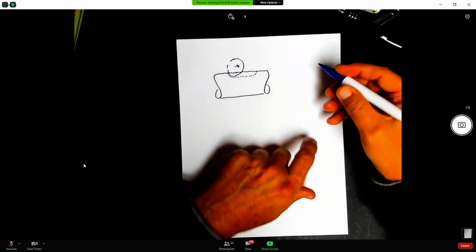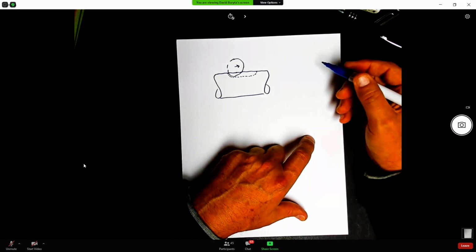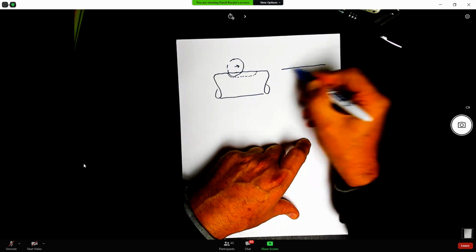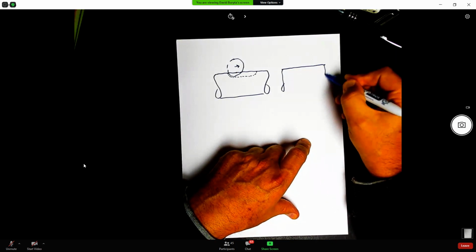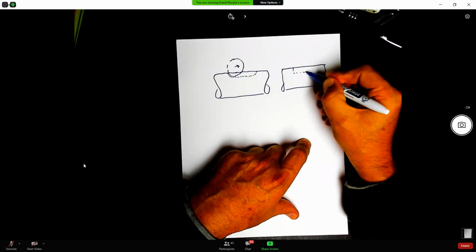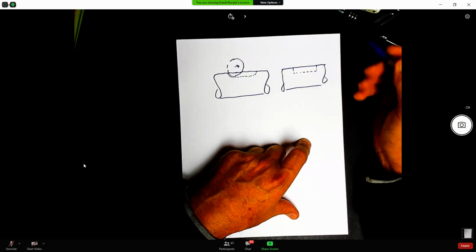The profile, or what some people call end mill keyways, if we looked at the drawing, would look like this from the side.